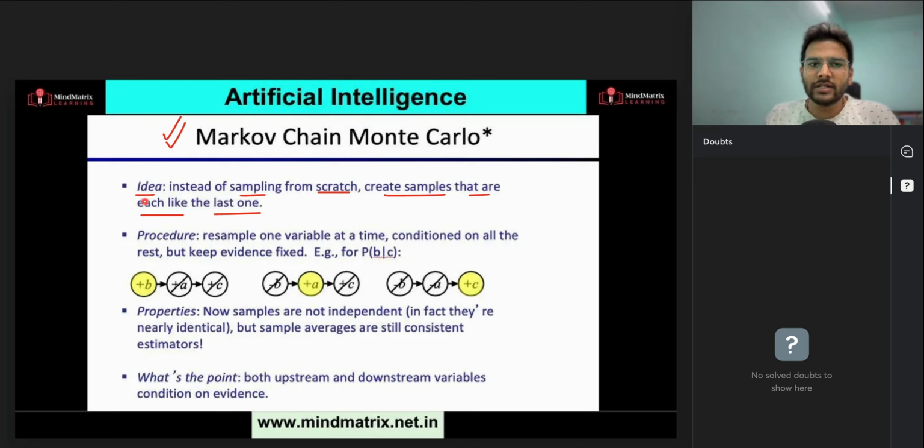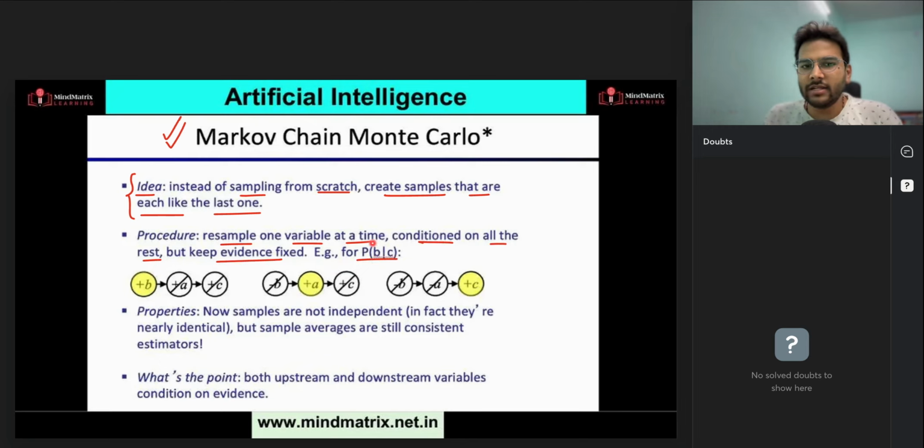Okay, you will understand what is the meaning behind it with this diagram. So what is the procedure? The procedure is to resample one variable at a time. In this Markov chain Monte Carlo, you have to resample one variable at a time, conditioned on all the rest, but keep evidence fixed.